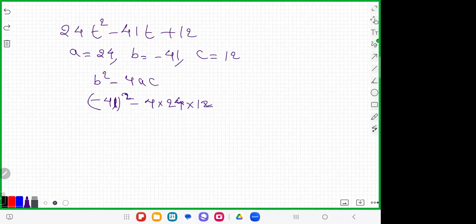So 41 into 41 is 1681, minus 4 into 24 into 12, that is 1152. 1681 minus 1152 is equal to 529.